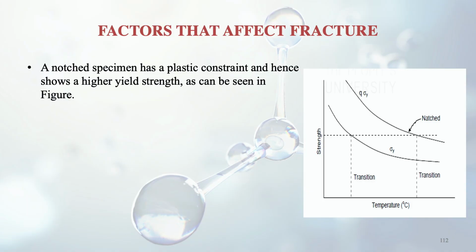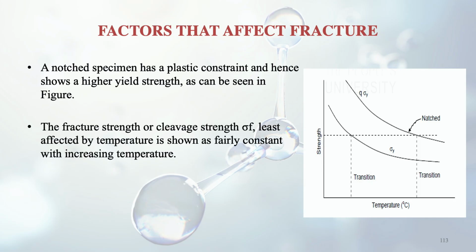A notched specimen has a plastic constraint and hence shows a higher yield strength, as can be seen in the figure. In the strength versus temperature plot, there are two curves, and the upper one is the notched one. The notched one has a higher yield strength, that's why it is at the upper portion.